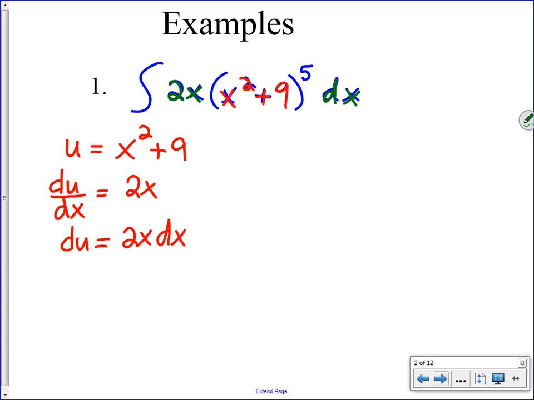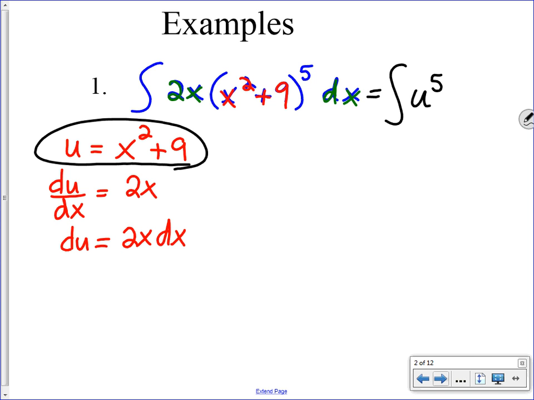We're actually ready to do our substituting in terms of u. So our integral is going to become the integral of u to the 5th power. That comes from the fact that x squared plus 9 is equal to u. So that part just becomes u to the 5th power.